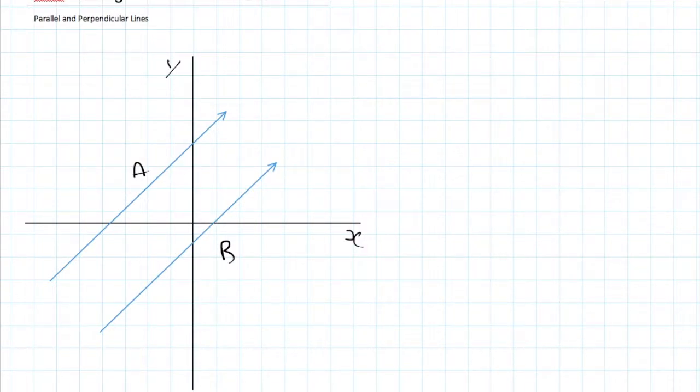And the symbol for showing that two lines are parallel is usually an arrow. So you can see that there's an arrow over here and an arrow over here, showing us that both of these lines are in fact parallel and they will never intersect. Now, how can you tell if two lines are parallel given an equation?